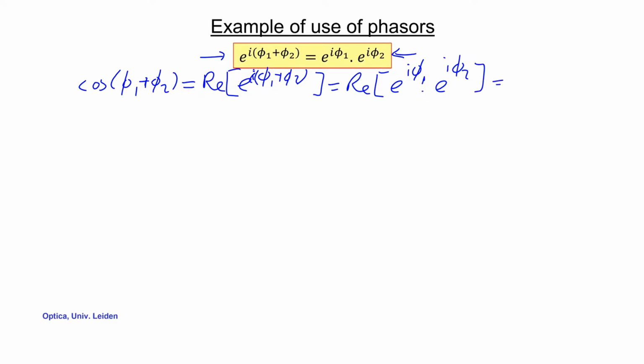Now if you take one of these exponents and write it back into cosine and sine functions, you can rewrite this real part of the product of these complex components as the product of this factor times this factor.